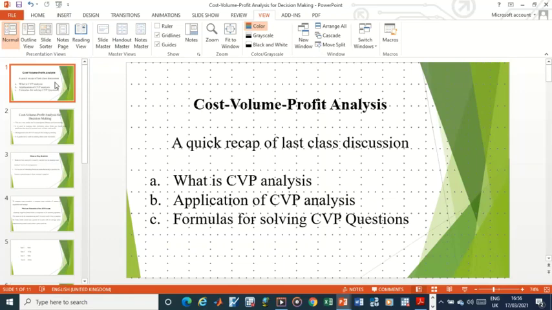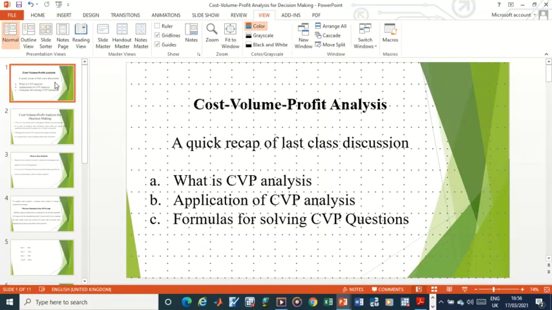According to Wilkentin, it is a method of cost accounting that examines how varying levels of cost and volume affect operating profit. It is also known as break-even analysis. This therefore implies that it has to do with break-even points for different sales volume and cost structure.